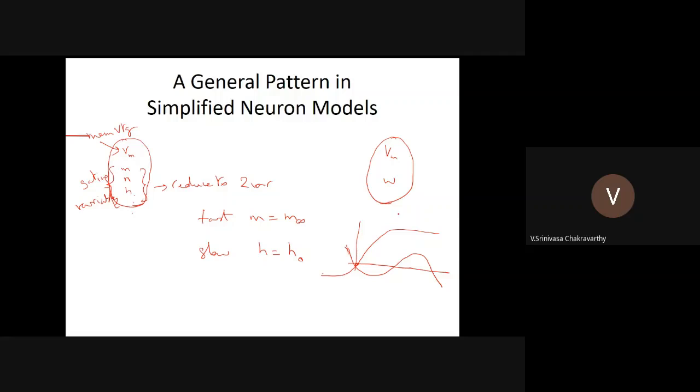I haven't shown you everything; this is just the tip of the iceberg. You can have other weird examples. Suppose this is your V null line, and you have your sigmoid going like this. Then you'll have two fixed points here, another fixed point here, and you can have bizarre dynamics even with a simple model like this.